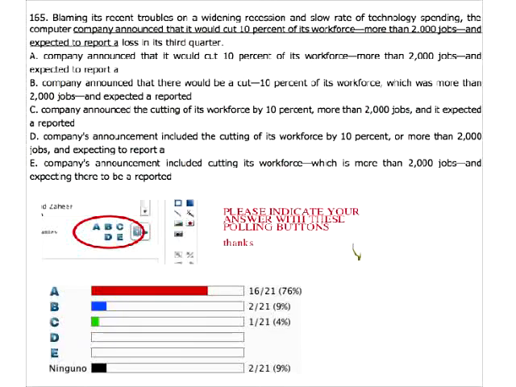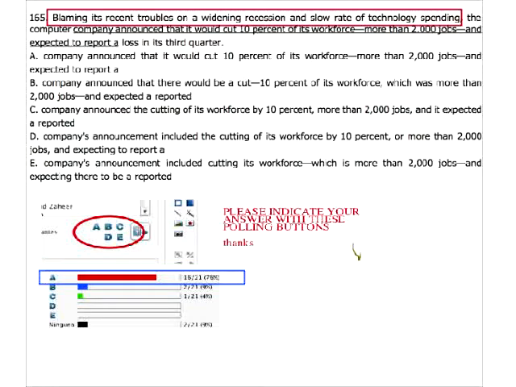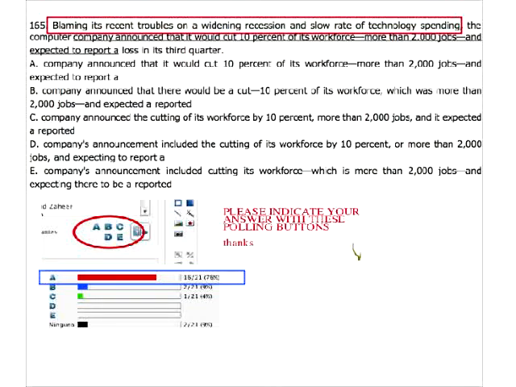All right, well, we're looking at a strong majority in favor of A. It's good news. Let's take a look. Blaming its recent troubles on a widening recession and slow rate of technology spending. That is an ing initial modifier. So we need to know who's blaming its troubles on this stuff.